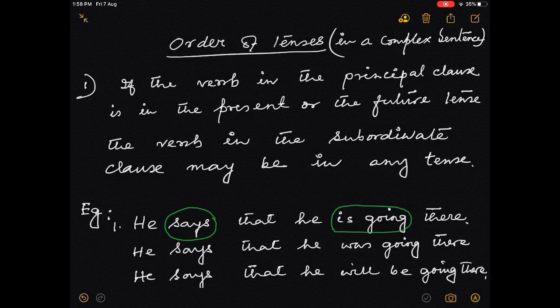Now see, here it says, here it is going. Again says the same thing, here it is was going. Here it says, here it is will be going. So if the verb in the principal clause is in the present tense, the verb in the subordinate clause may be in any tense. No need of any change, any botheration, any thinking, any special consideration.